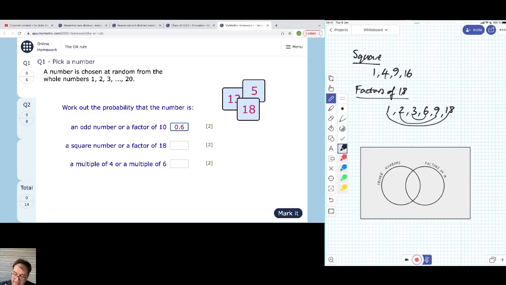Okay, so let's fill out the Venn diagram with square numbers and factors of 18 this time.